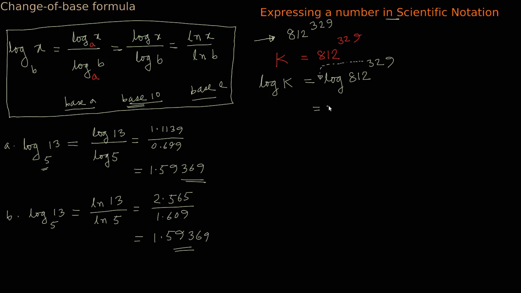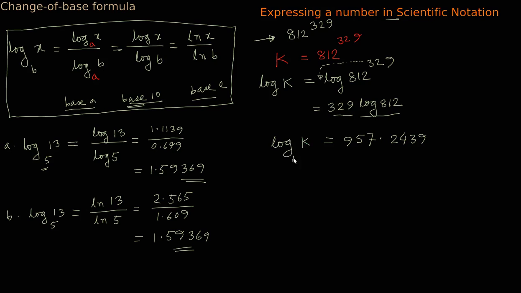So I can write 329 logarithm of 812. If I punch the calculator, 329 multiplied by logarithm 812 is equal to 957.2439.